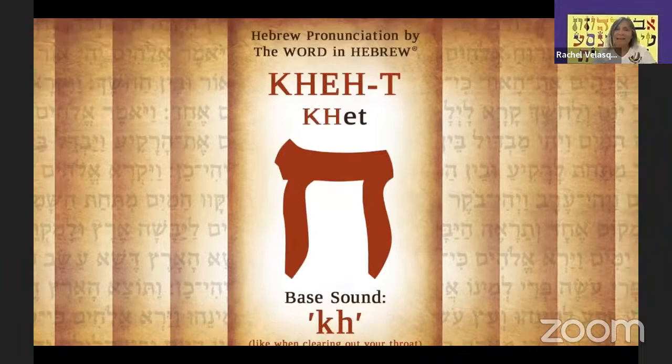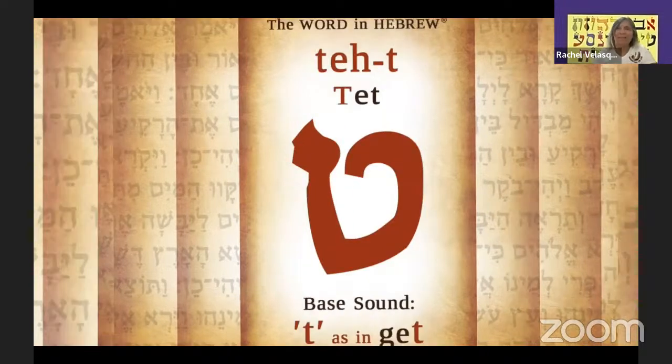This is het. Do you hear that? Het. The base sound is a KH sound, that glottal sound, like you're clearing your throat. Then we have tet. Tet is the T sound, as in get.